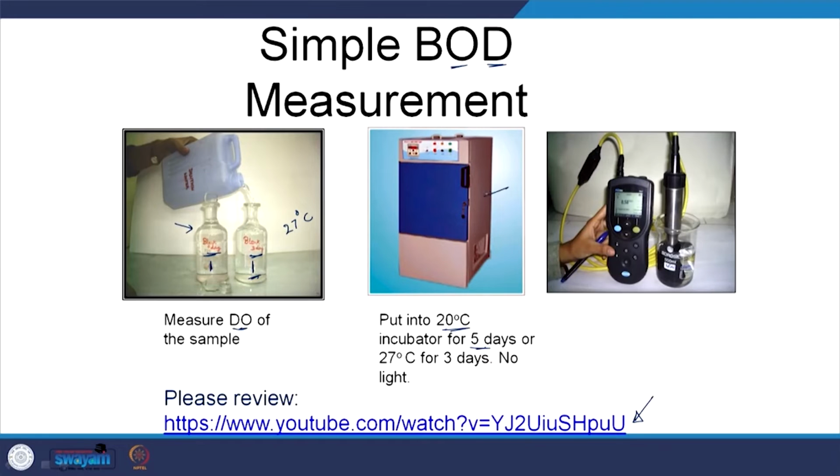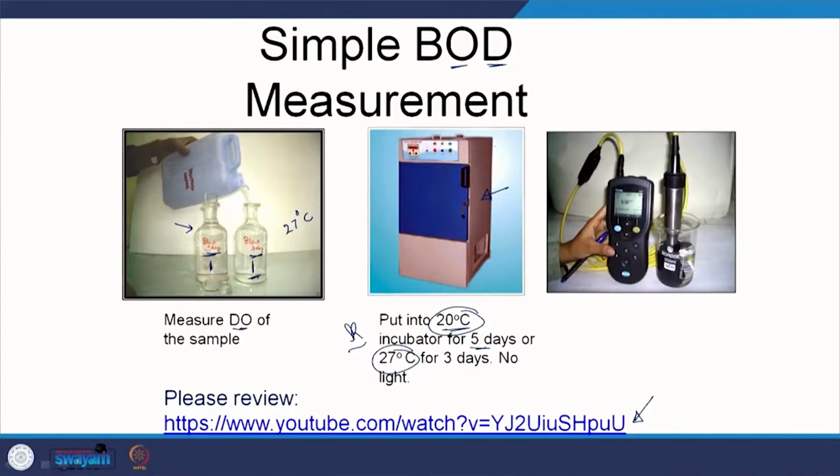You will put it in an incubator. Why? You want to maintain constant temperature, so that the rate constant of degradation of organics is constant. As you know, rate constant depends on temperature, so you do not want the rate constant to vary a lot. That is why you are going to put it in an incubator, and also no sunlight, to prevent photosynthesis. After the relevant period you are going to measure the final DO.